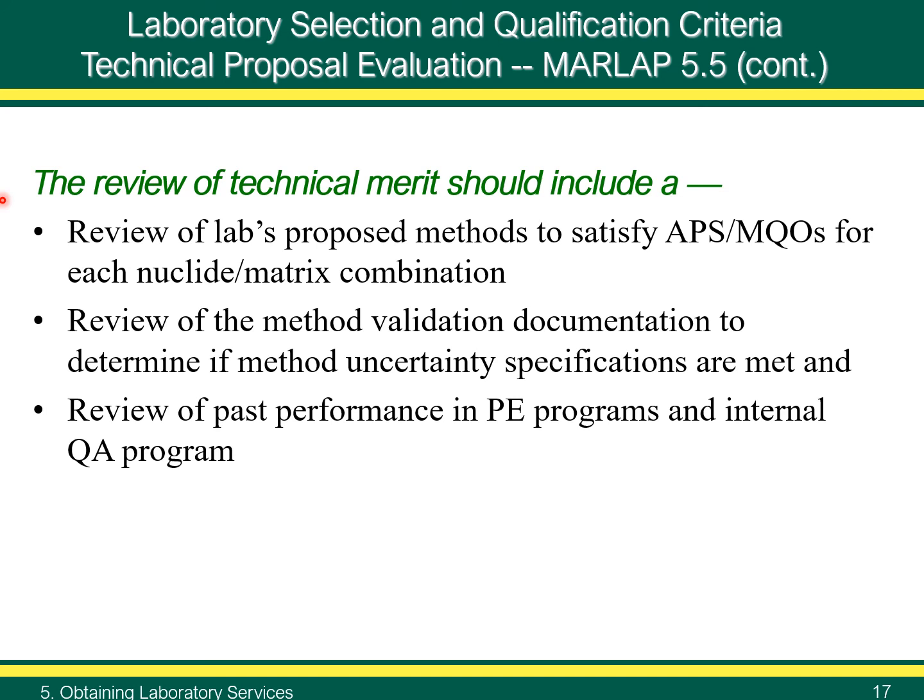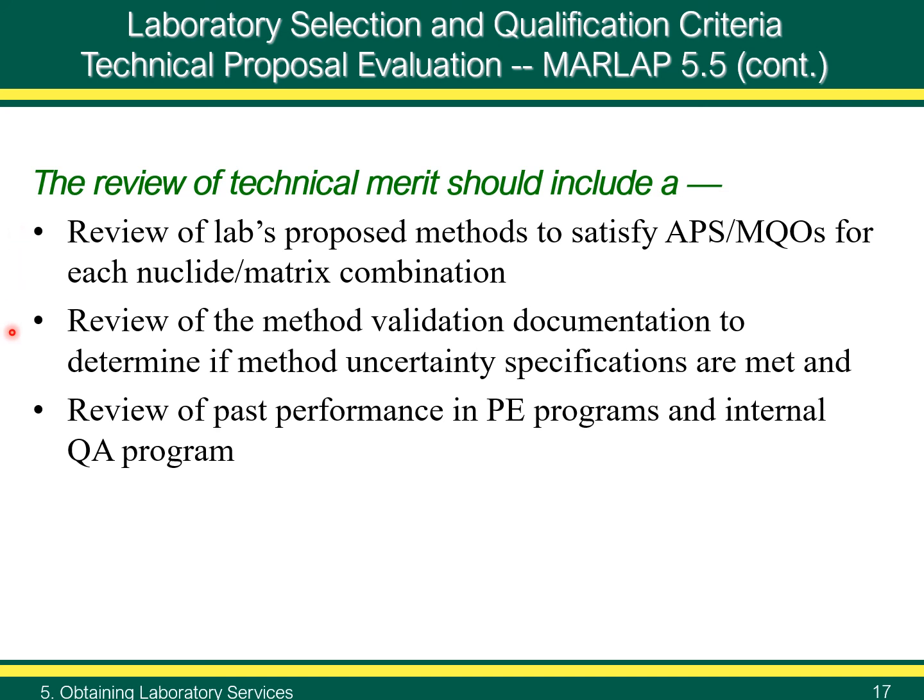Slide 17, Laboratory Selection and Qualification Criteria, Technical Proposal Evaluation. MARLAP, Section 5.5, continued. The review of the proposal for technical merit should include a review of the lab's proposed methods to satisfy APS MQOs for each nuclide matrix combination.